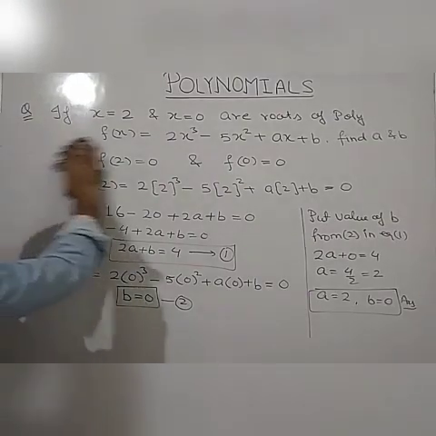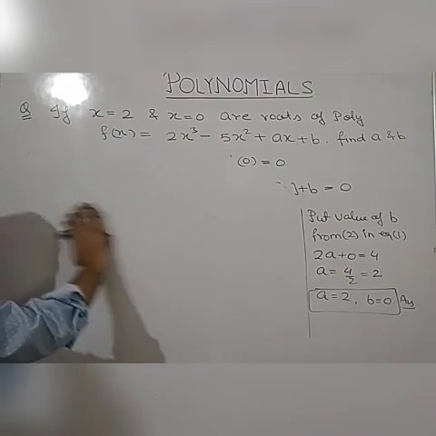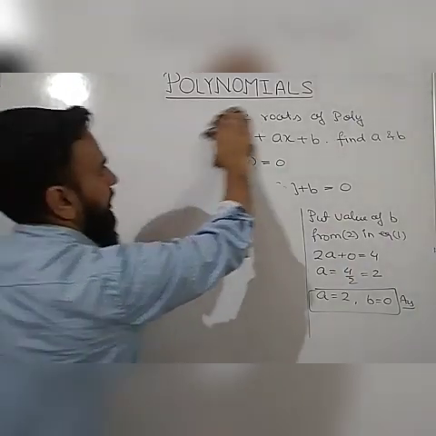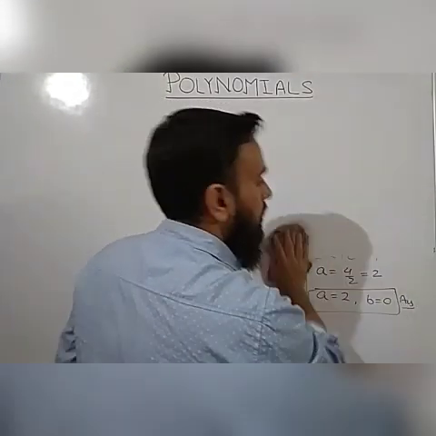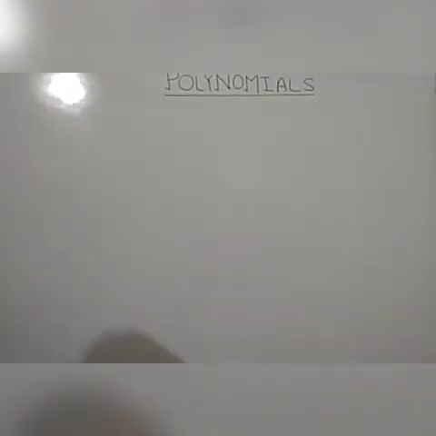So these are some basic types of questions on the zeros of the polynomial, values of the polynomial, and to verify a given number to be the zero of a polynomial. Now let us solve one more question.